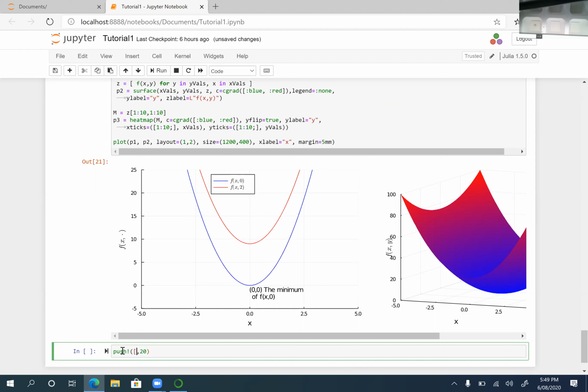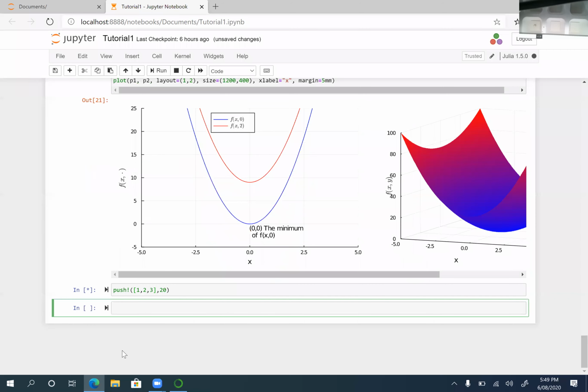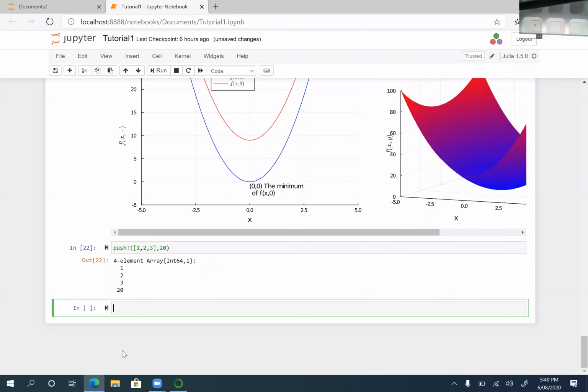Let's just go square bracket 1, 2, 3 and see what happens. Shift enter. Okay, so it's running. And yeah, that looks good. But what I'll note is what we have here is a column, right? So it seems that the syntax I have entered corresponds to a column, whereas if I wrote something similar in Mathematica, that would be a row. And you can see that the 20 is then appended onto the end.